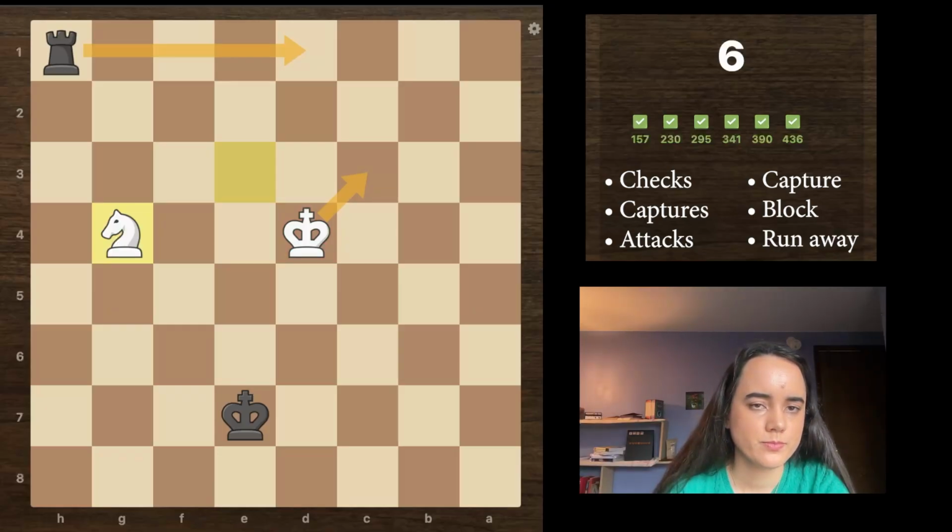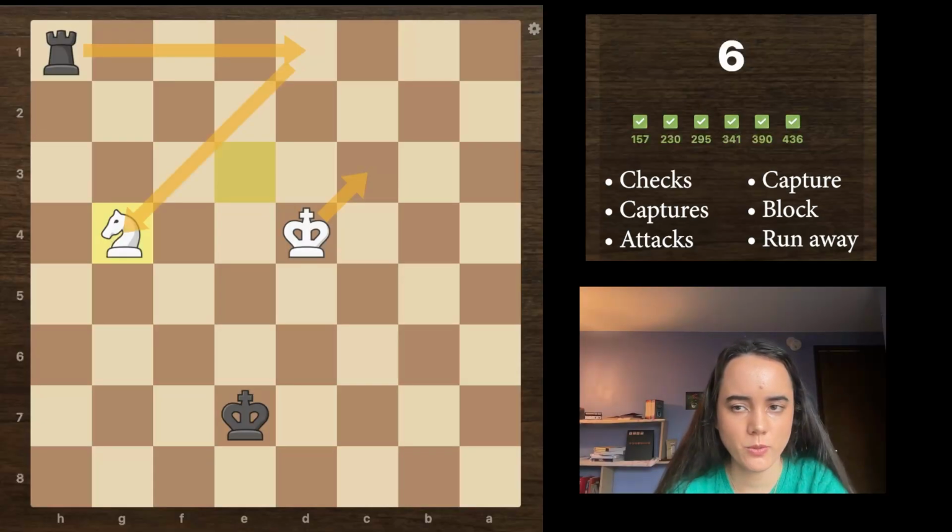Then what do we do? Can we get the bishop? No, because we don't have a queen. It's just a rook. So we go here, he goes here.